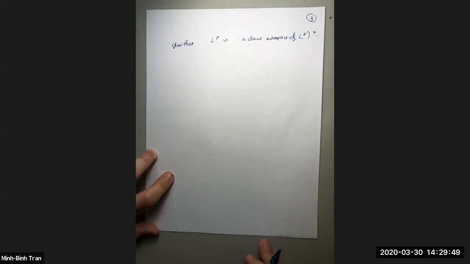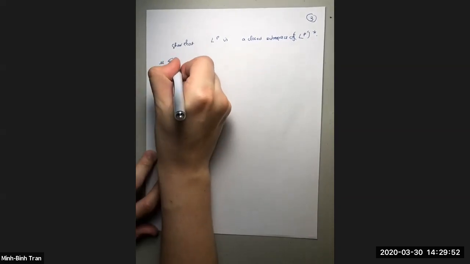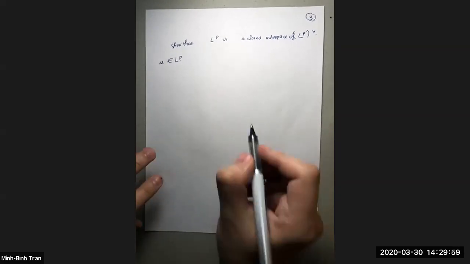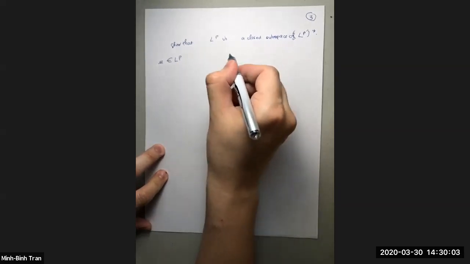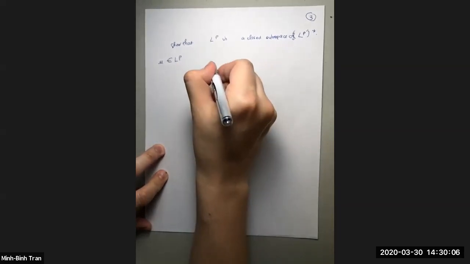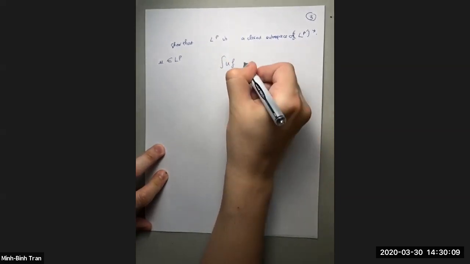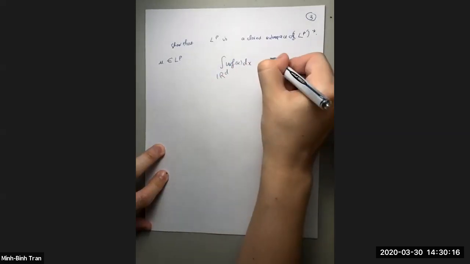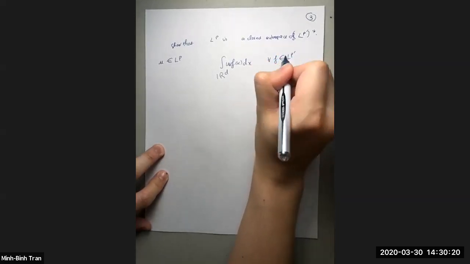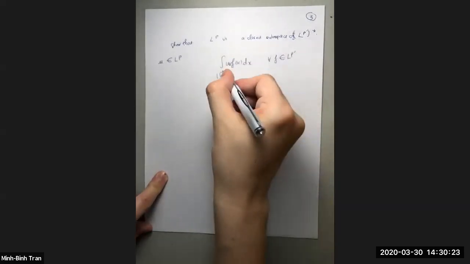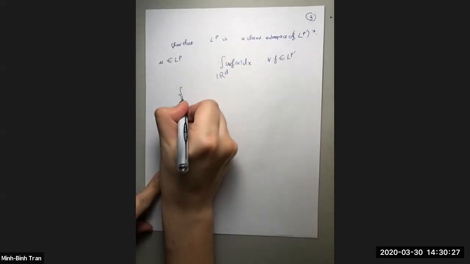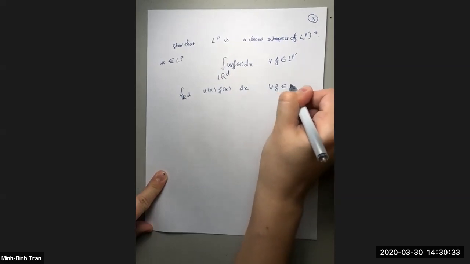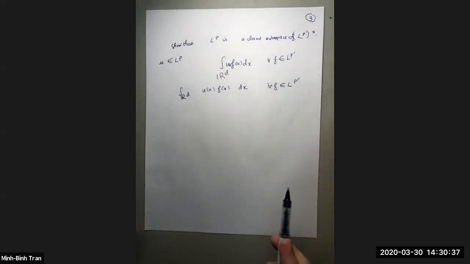To do that, I'm going to pick a u in L^p, and I'm going to define a function T as follows. I define T_u(f) as the integral of u(x) f(x) dx, for the function f in L^p', right?